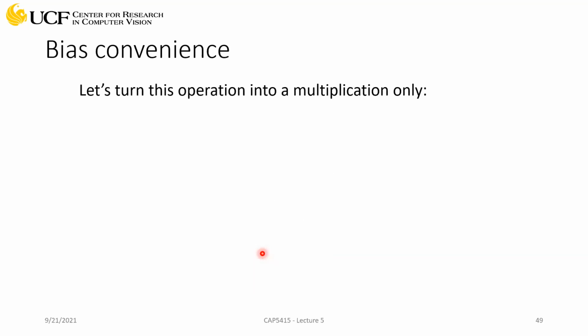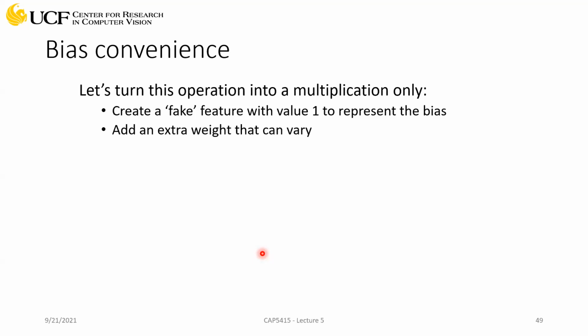So we can do some not optimization, but a convenience, we can say. Because you don't have to worry about biases, which makes it more complex. So what you can do is you can always create a fake feature in your input data and assign a value 1. You can always do that, right? Now what will happen is that will add one extra weight, right? Because for each input signal you need a weight.